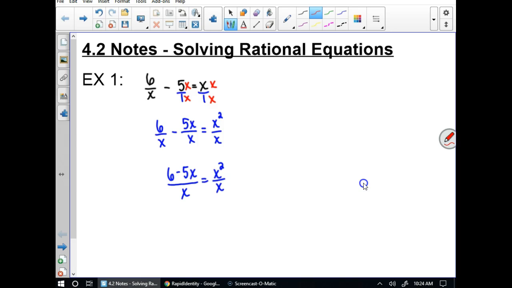The other way you can think of it is, if we want to get rid of that x in the denominator, I would multiply both sides by x, which is like x over 1, which would cancel those x's out in the bottom. So we drop the denominators at this point, and we'll get 6 minus 5x equals x squared.